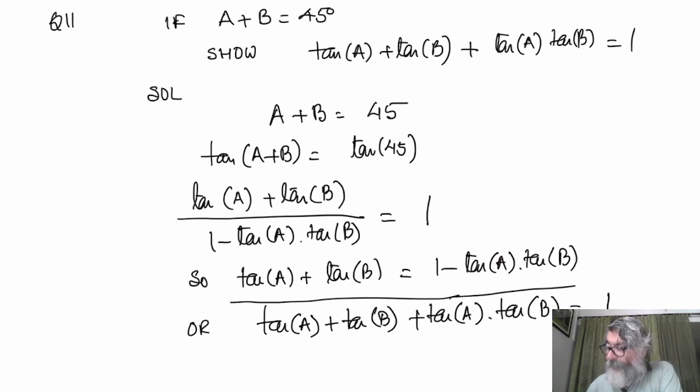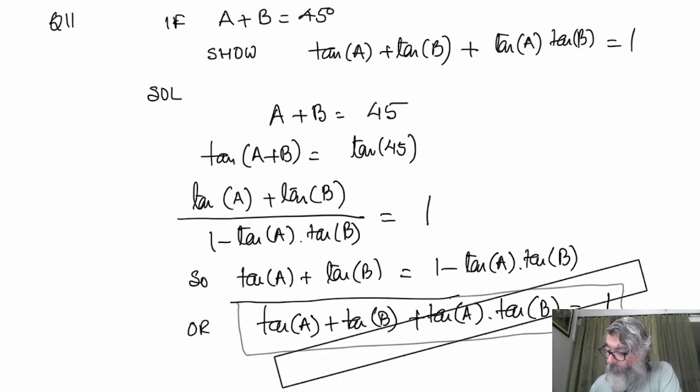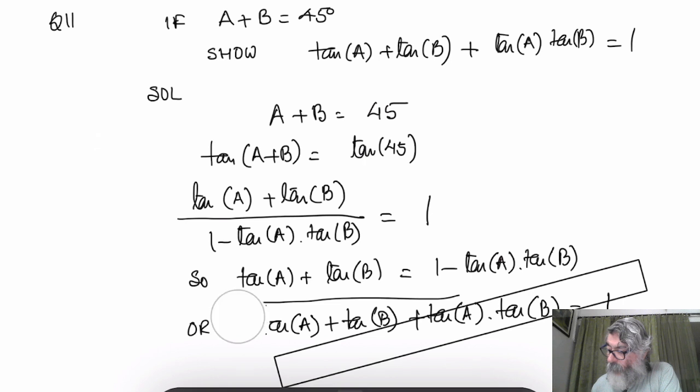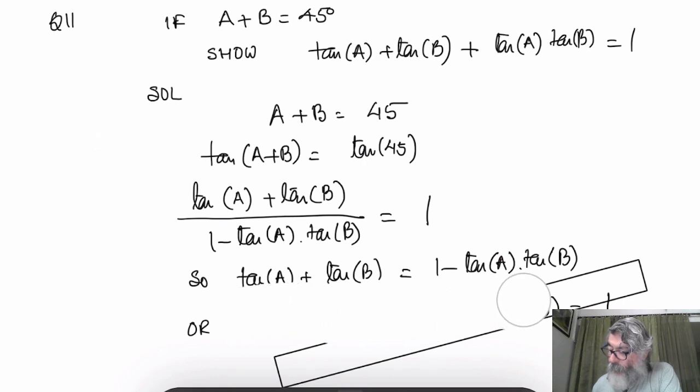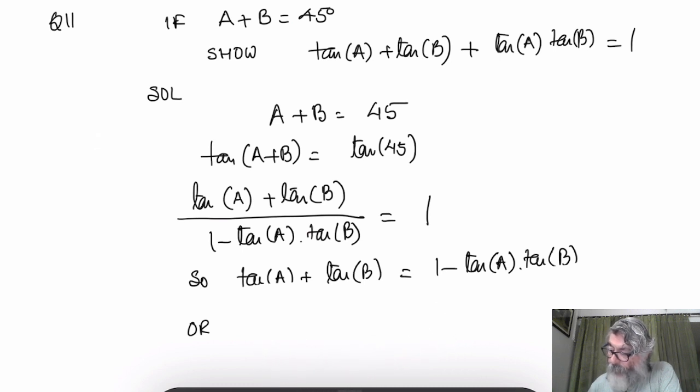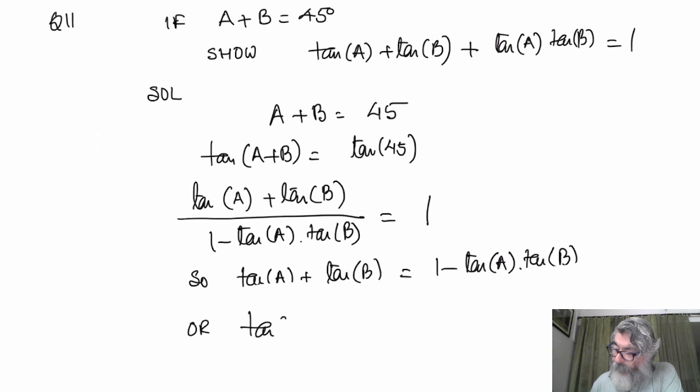So tan A + tan B + tan A tan B will be equal to 1.